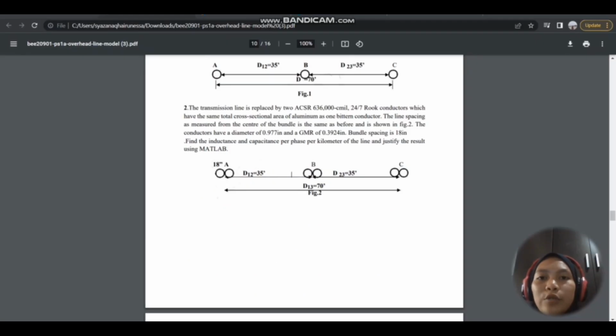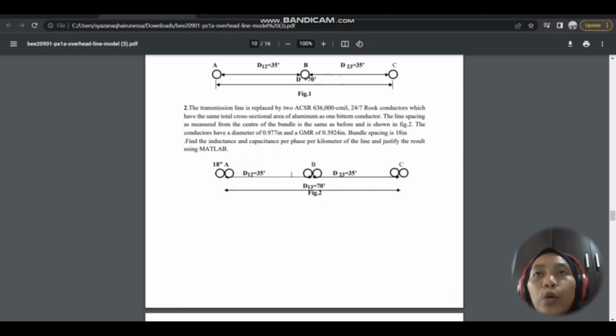My name is Nurul Syazana Qhairunessa binti Salleh. My matric number is AE210029. For this power system lab, I will explain exercise 2. From the question, we need to find the value of the inductance and capacitance per phase per kilometer using MATLAB.